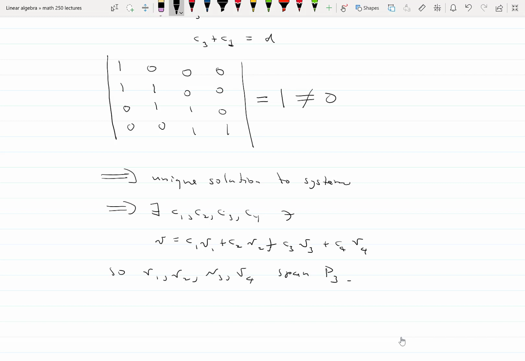You can always refer back to the video lecture to determine the difference between, and this is probably going to be the hardest part of the lecture, span as a verb and span as a noun, the span of a set of vectors versus whether a set of vectors spans a vector space. 30 years in, and I still have a hard time saying the two different scenarios.